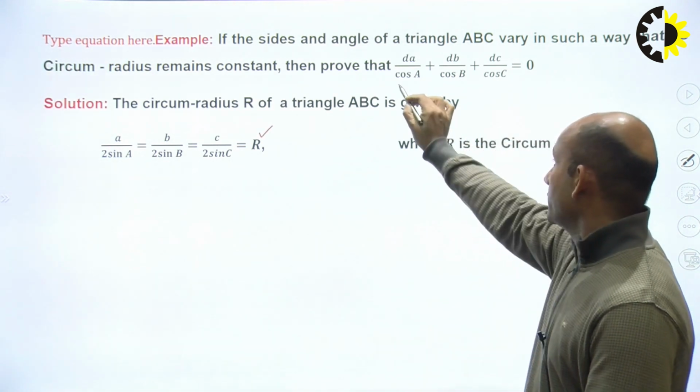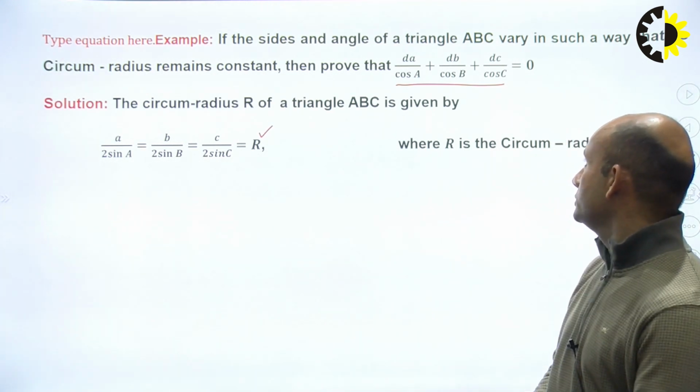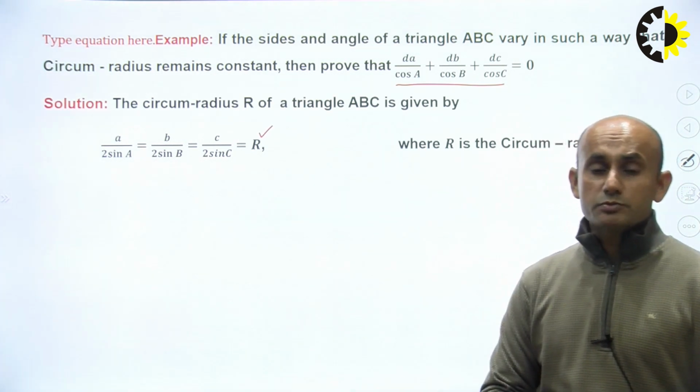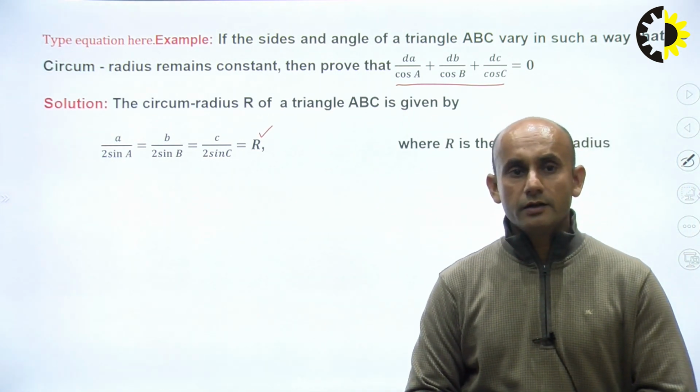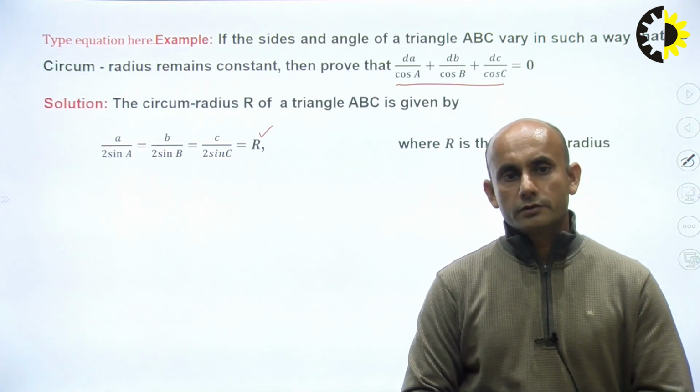Then we have to solve this relation: da upon cos A plus db upon cos B plus dc upon cos C, where small a, small b and small c are the sides of the triangle, and capital A, capital B and capital C are the angles of that triangle.